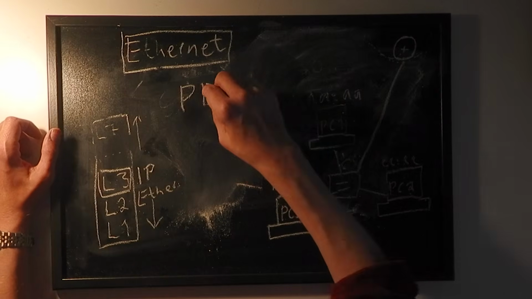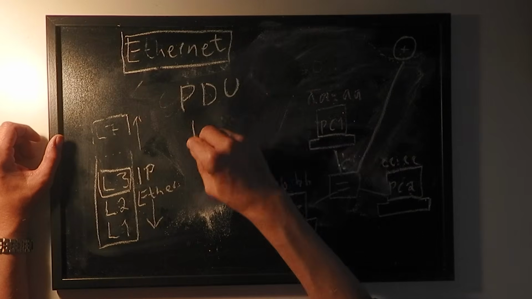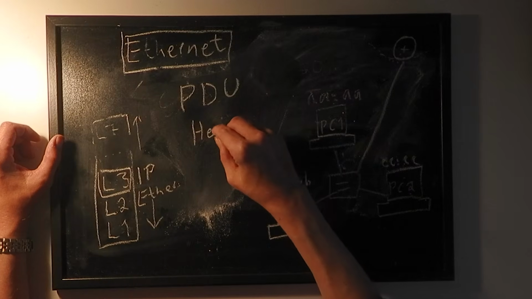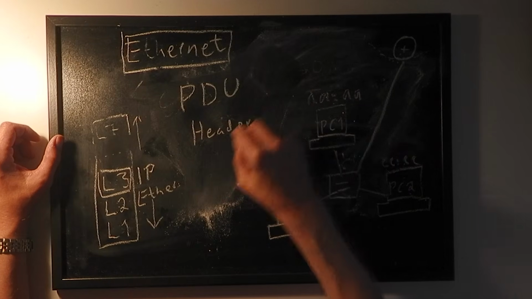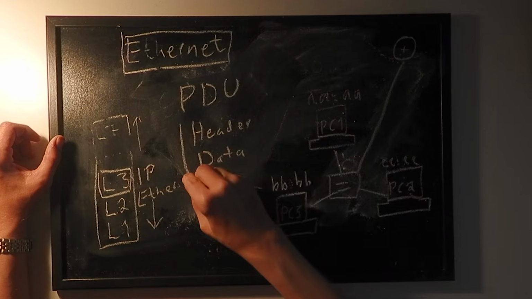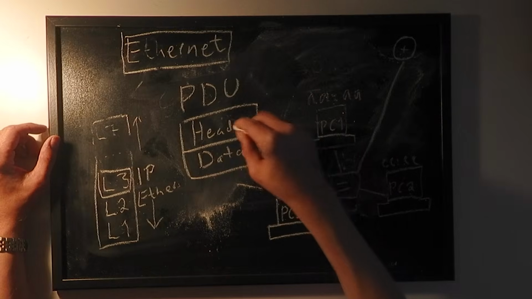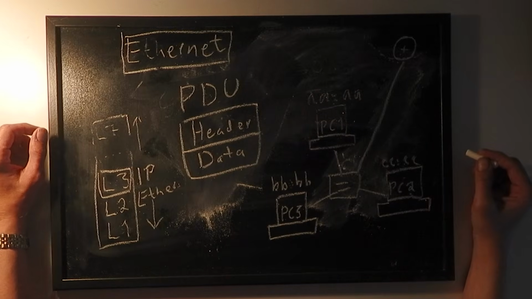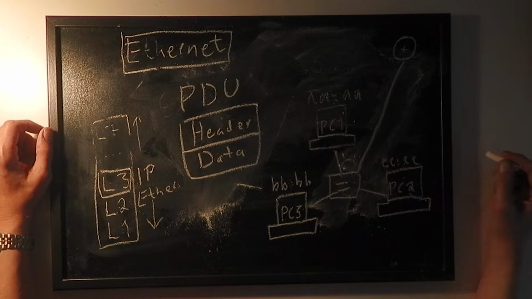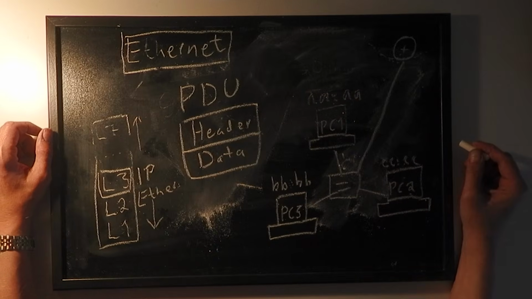It's always consisting of 2 different fields. We have the header and we have the data field. So the header is the envelope, so to speak, and the data field is the letter inside. The header contains all the addressing information.